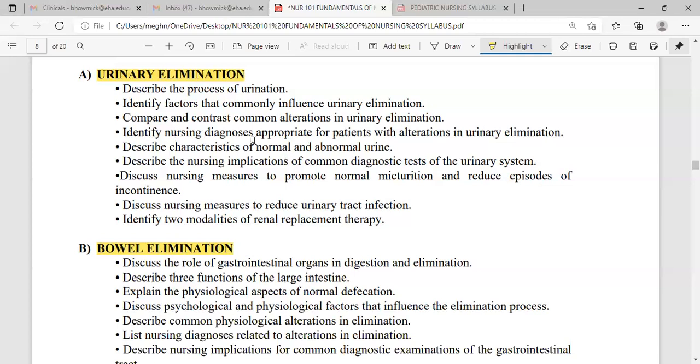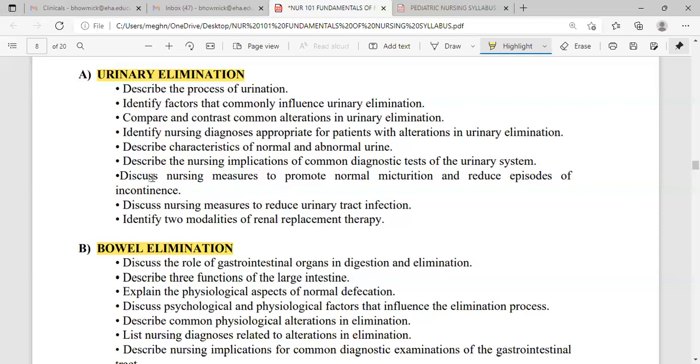Identify the nursing diagnoses appropriate for patients with alterations in urinary elimination, and the characteristics of normal and abnormal urine. Describe the nursing implications of common diagnostic tests of the urinary system.